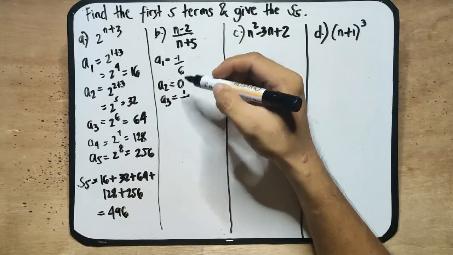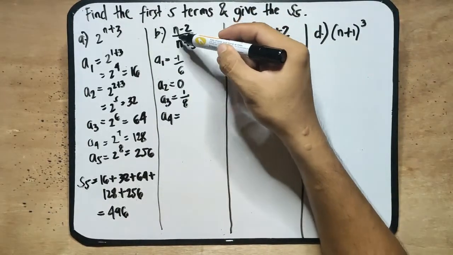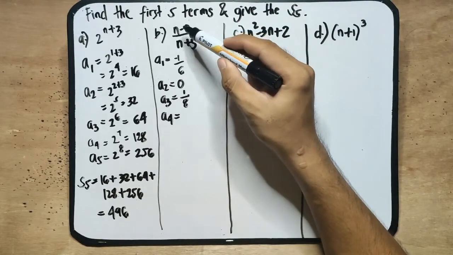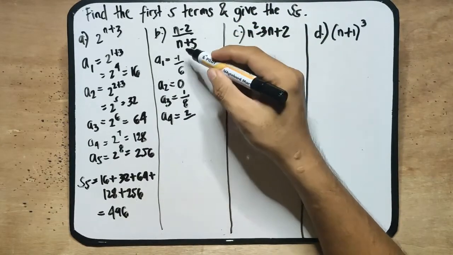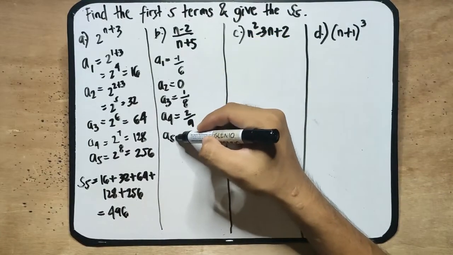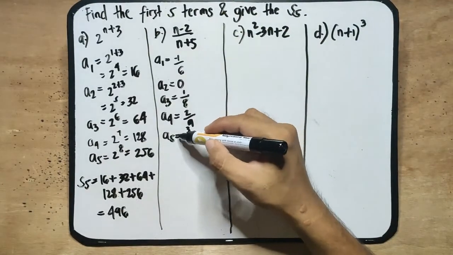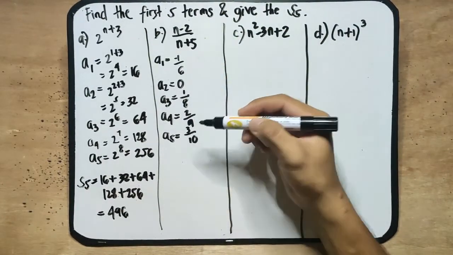And 3 plus 5 is 8. A sub 4, we have 4 minus 2 is 2. And then 4 plus 5 is 9. And the last term, we have 5 minus 2 is 3. Then 5 plus 5 is 10.